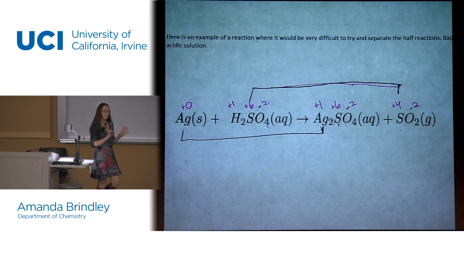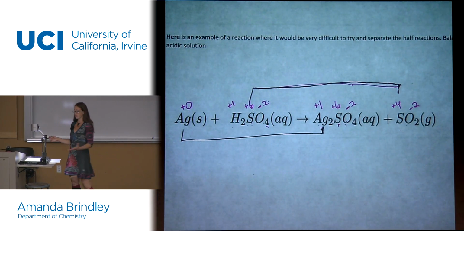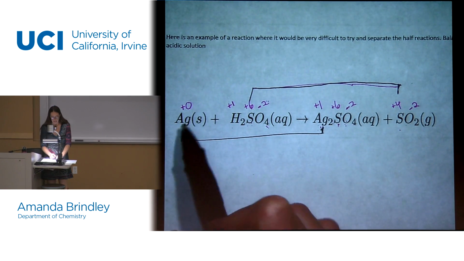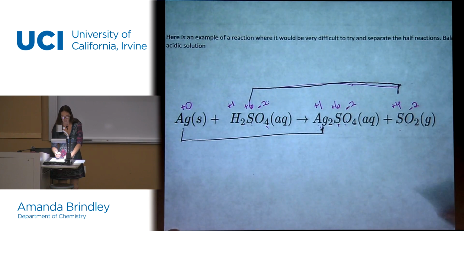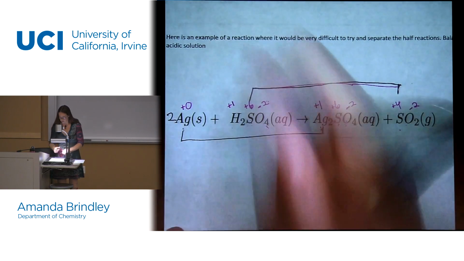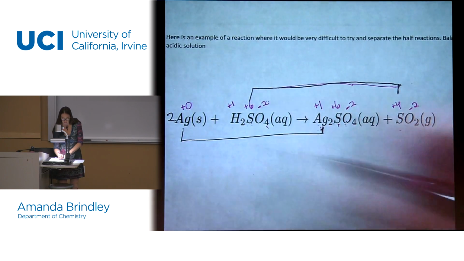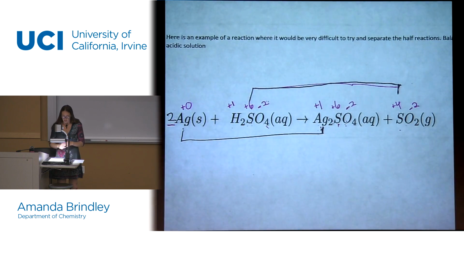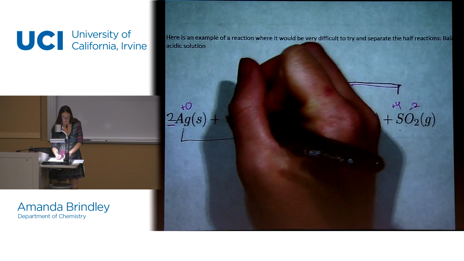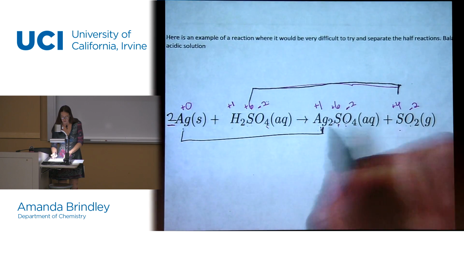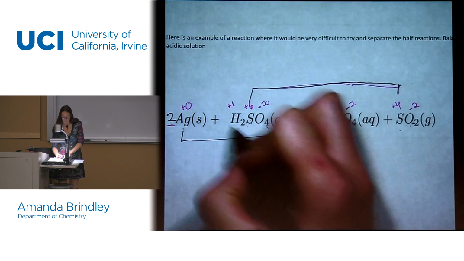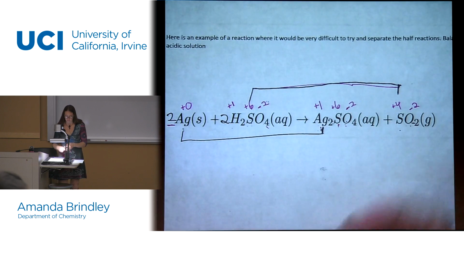So first step, balance everything that isn't hydrogen and oxygen. So what do we need to add to the silver? And what do we need to add to the sulfur? How many do I have over here? 2. So what should I put here? 2. Okay.